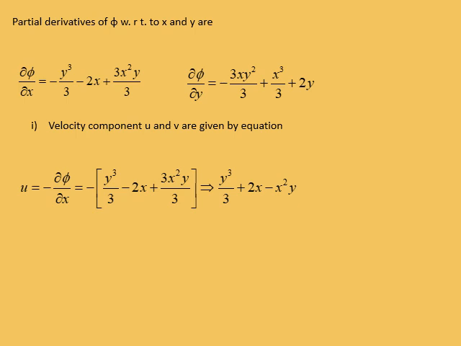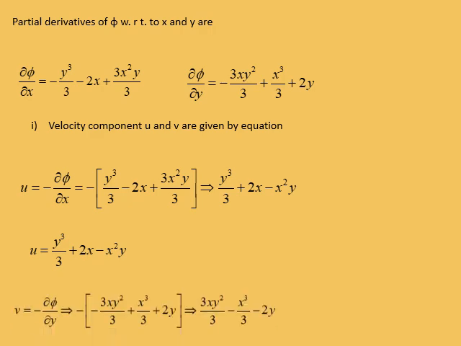One minus sign is already there in the relation, and simplifying, the velocity component u in the x direction is given by y³/3 + 2x − x²y. This is the answer for the velocity component u.